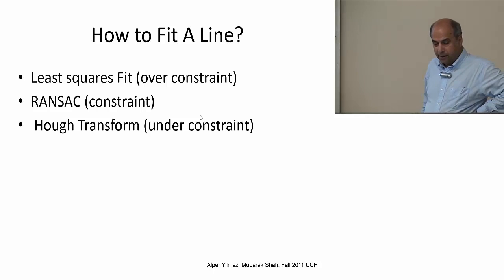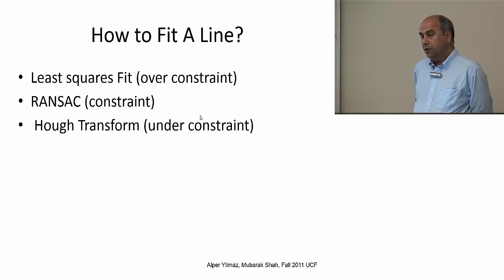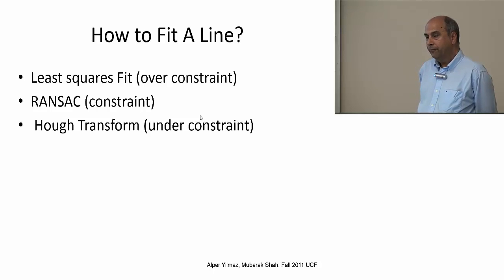Then there's another interesting thing, which is called the Hough transform, for the under constraint case. So the Hough transform will take fewer constraints than required and find all possible solutions, and then do the voting.